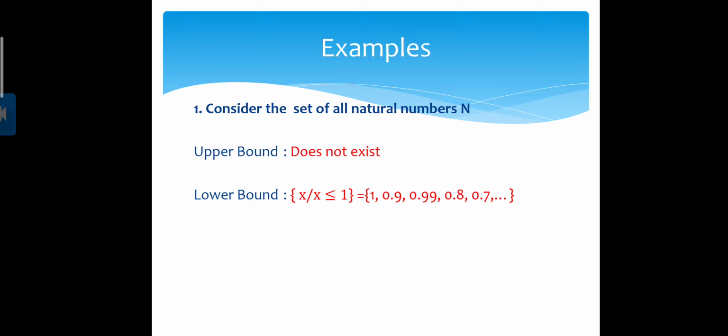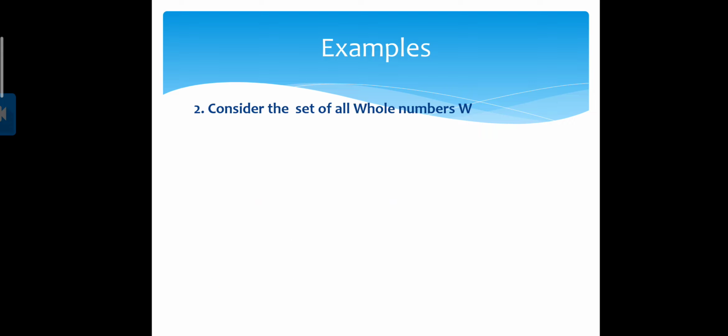So 1 is the minimum element, that is a lower bound for the set S, and you can take any element which is less than or equal to 1, also a lower bound for the set S. Then LUB: upper bound does not exist, therefore we cannot find LUB. Greatest lower bound is the greatest among the lower bounds. So 1 is the greatest element, therefore GLB is 1.